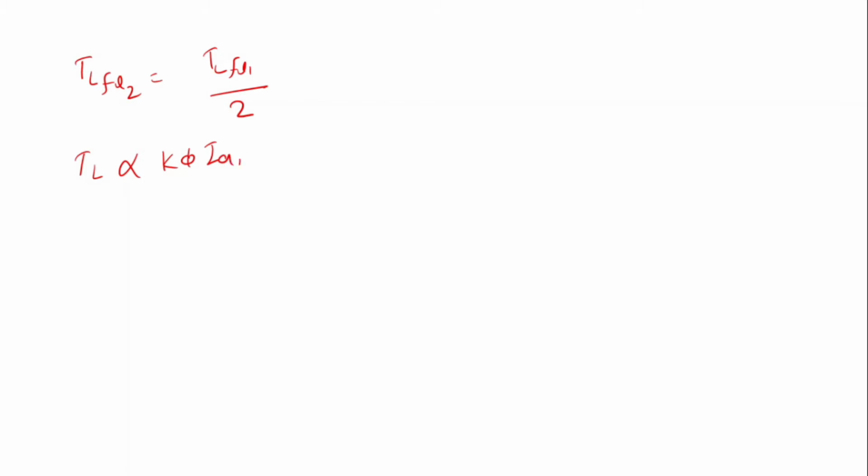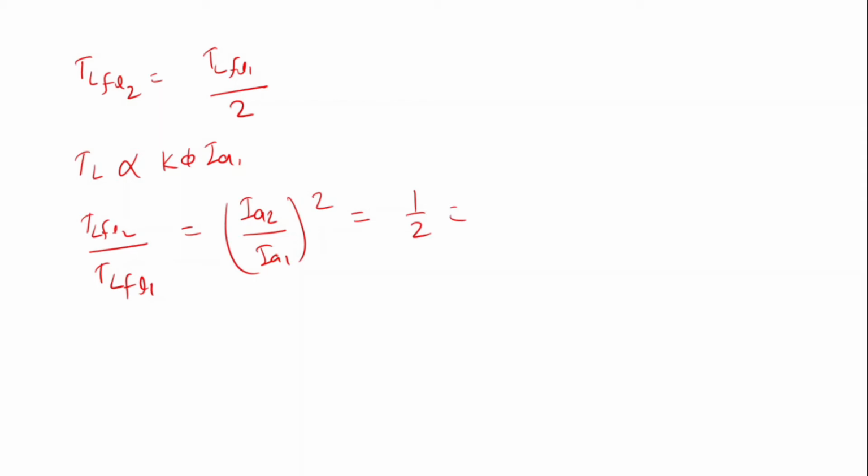So TL2 by TL full load 1 equal to IA2 by IA1, this is 1/2 equal to IA2 by IA1. So this relationship you got.